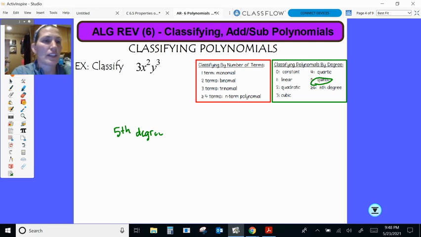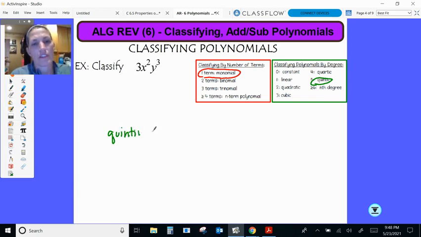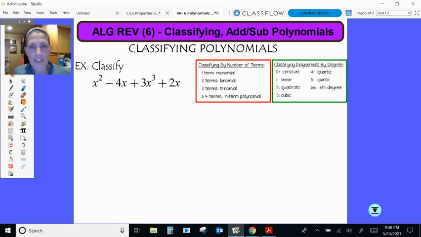And then a quintic, and since it's one term, it's just going to be a monomial. Okay, so we'll actually just go ahead and write that as a quintic monomial. Okay, because it's a monomial, we add the total power of the 2 variables together.